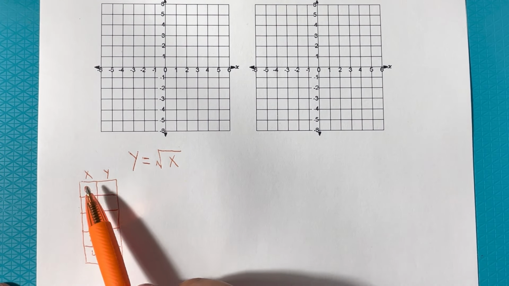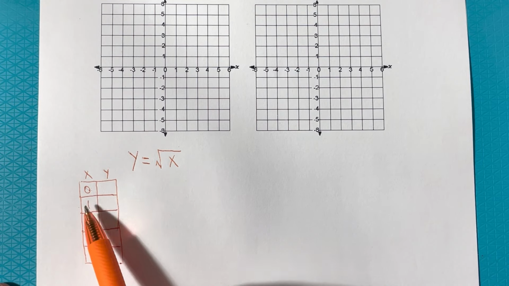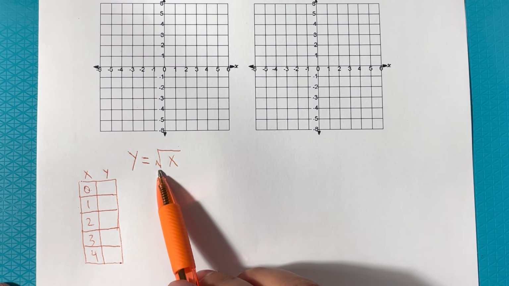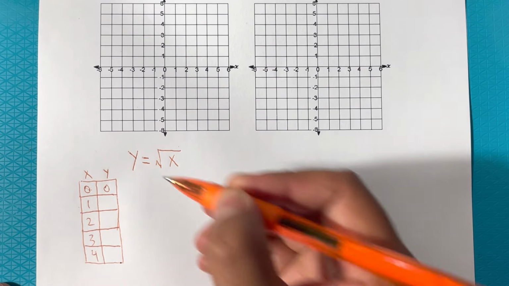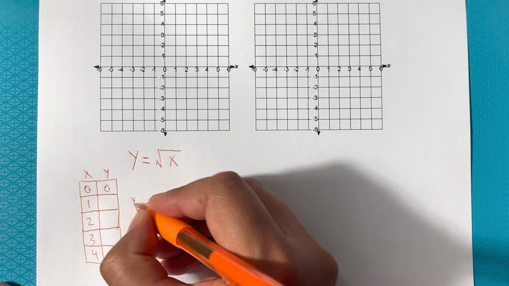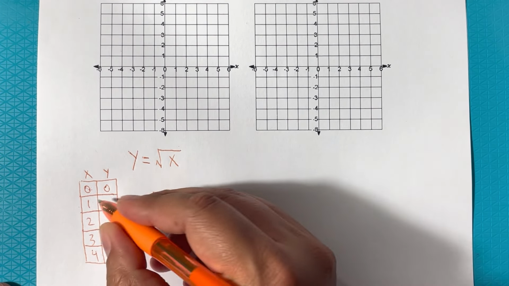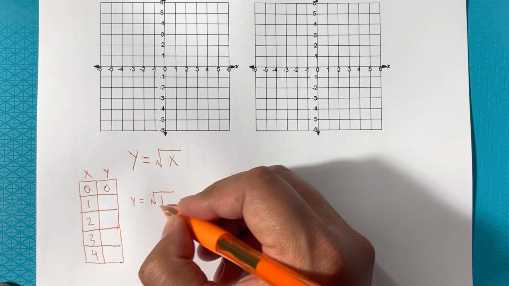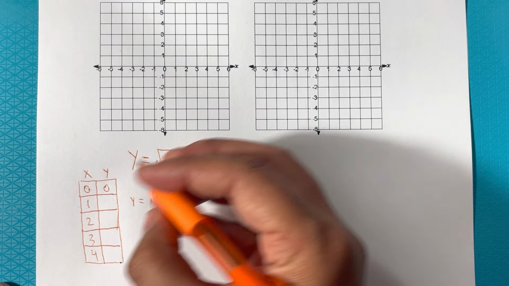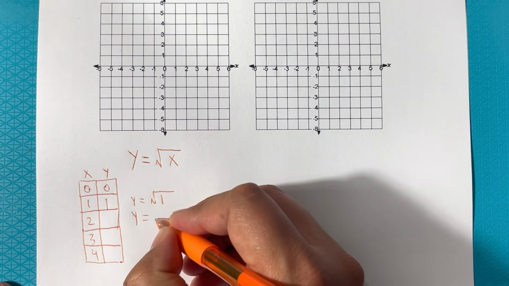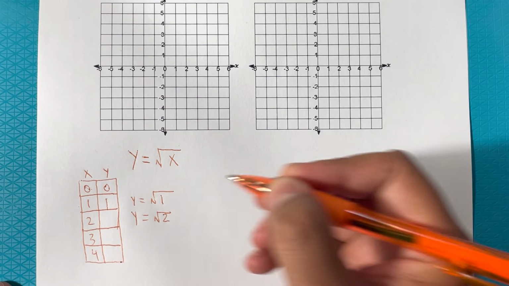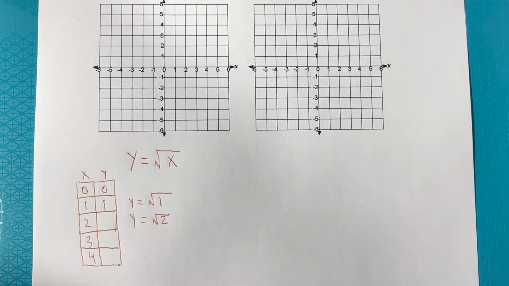What does that mean? That we're going to substitute each value of x in here. So the square root of 0 is 0. Y equals the square root of 1. What is the square root of 1? It's 1. Y equals the square root of 2. What is the square root of 2?